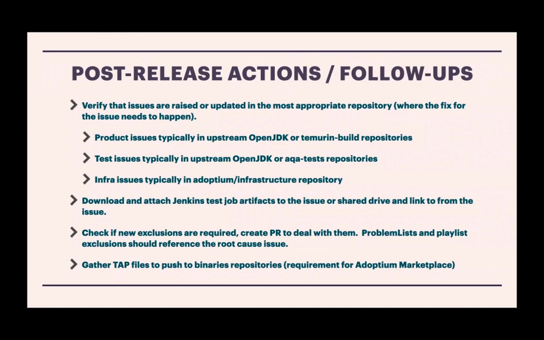Everything is standardized to that very simple Test Anything Protocol so that we can view things in a common way in our tooling. And gathering these TAP files and proving that we actually ran and passed all of the AQAvit quality tests is an actual requirement to be able to list in the Adoptium marketplace.